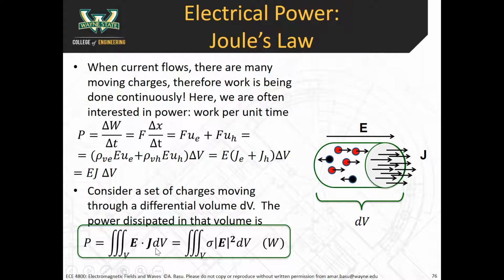So you're integrating that scalar quantity over a volume. Another form of this, which is equivalent: J is equal to sigma times E. So if you dot those two together, you get sigma times the magnitude of E squared, also integrated over a volume.